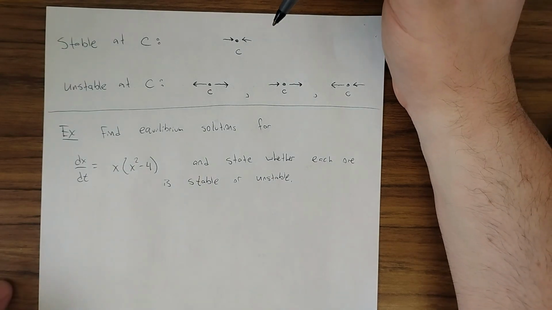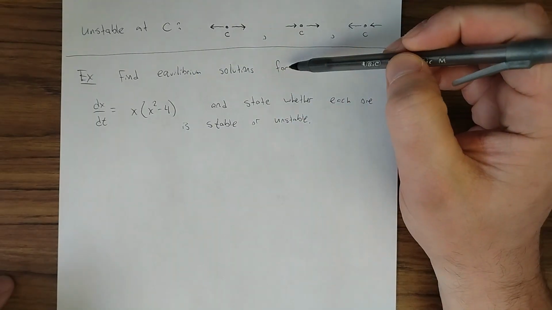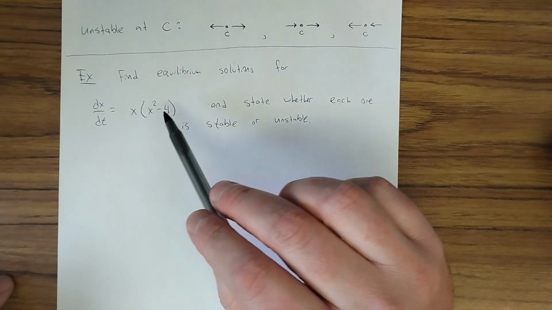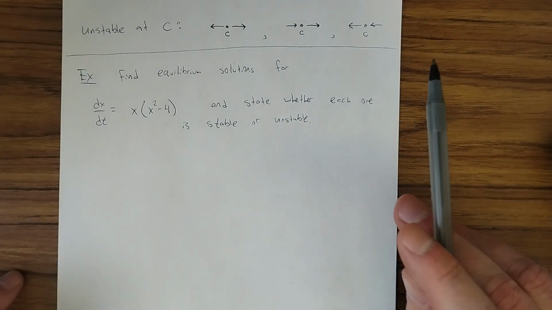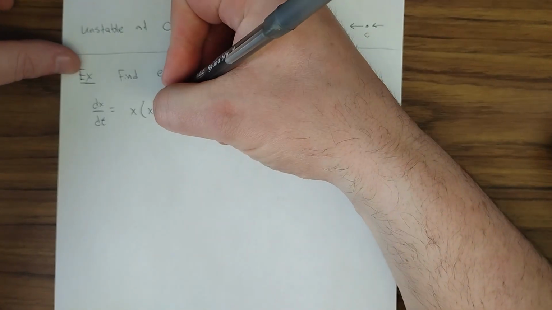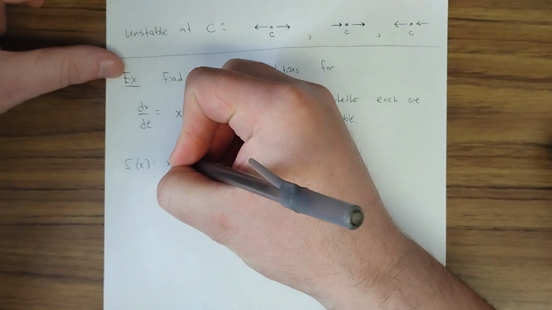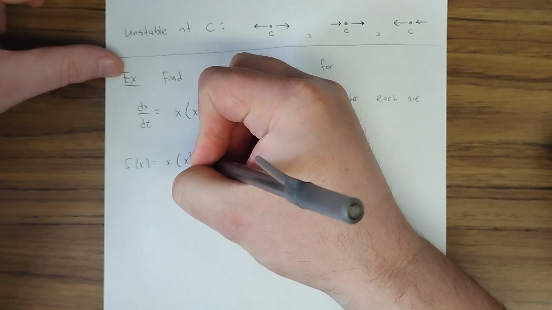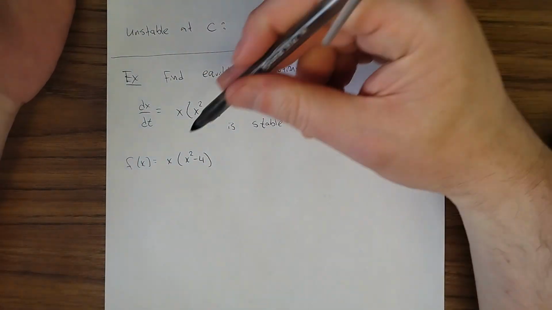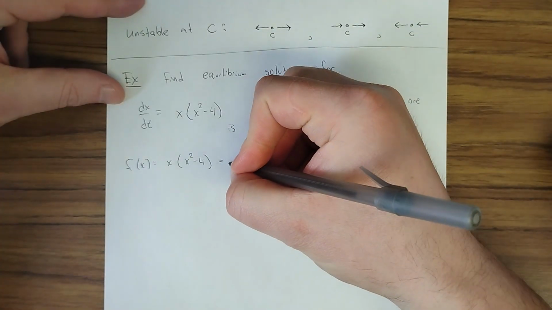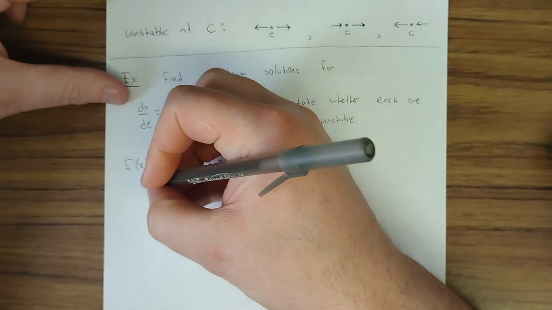So let's do a concrete example. We're going to find equilibrium solutions for this autonomous differential equation and state whether each one is stable or unstable. So this is my f of x. I want to find my critical points, which are values that make this 0. So I'm going to set this equal to 0 and solve for x.